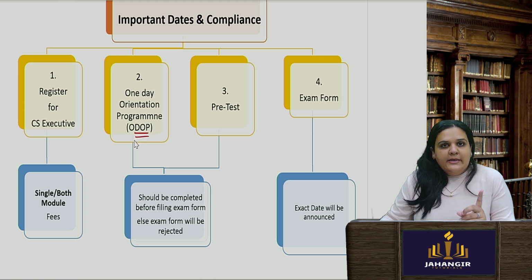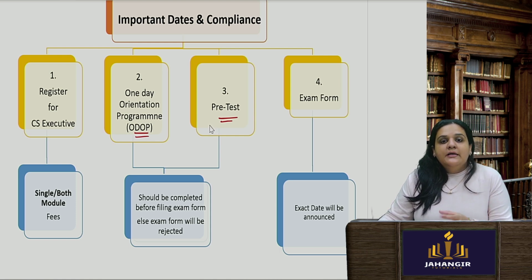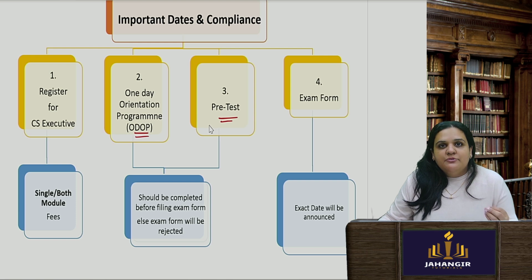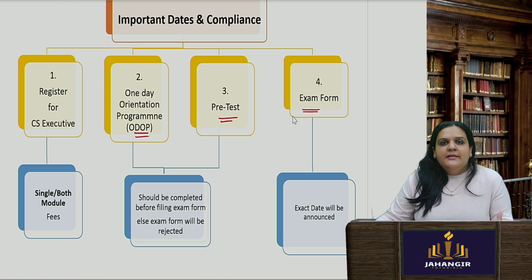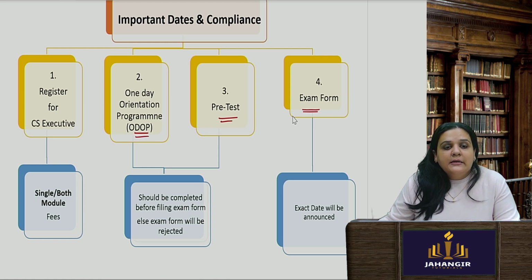Third is your pre-test. Before you give your actual exams, in whichever attempt, June or December, there is a pre-test of the subjects which you have to complete. And the last is your exam form dates. They get announced by the institute and they give you a deadline until when you have to fill the exam forms.